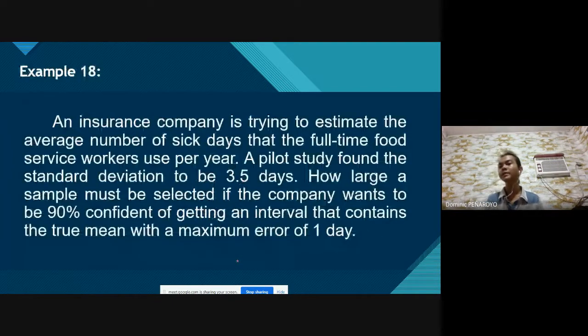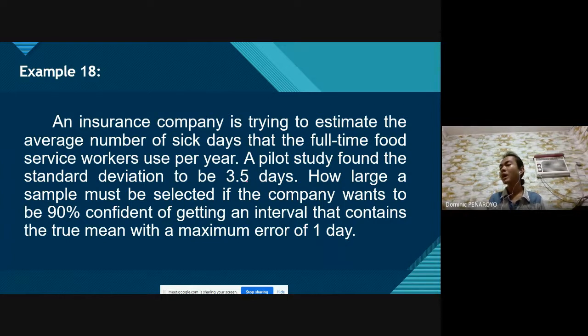Okay, so let's have another example, the last example for this lecture video. An insurance company is trying to estimate the average number of sick days that the full-time food service workers use per year. A pilot study found that the standard deviation to be 3.5 days. So known yung ating standard deviation, that is 3.5. How large a sample must be selected if the company wants to be 90% confident of getting an interval that contains the true mean with a maximum error of 1 day?